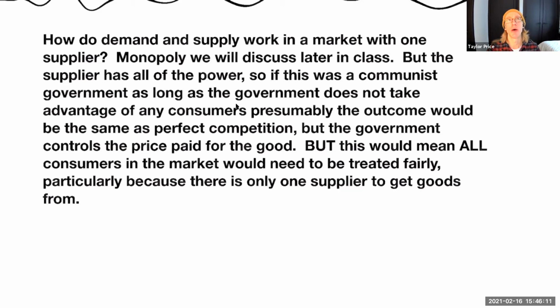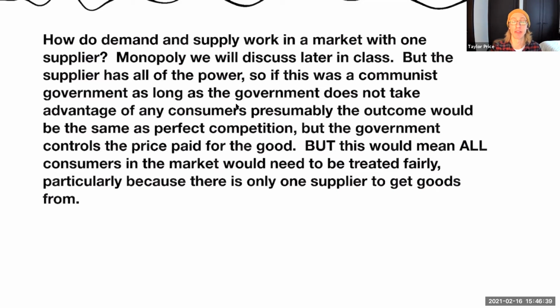What if the government was a communist government, so basically the government produces all goods? Because the supplier has all of the power, as long as the government doesn't take advantage of any consumers, presumably the outcome would actually be the same as perfect competition.